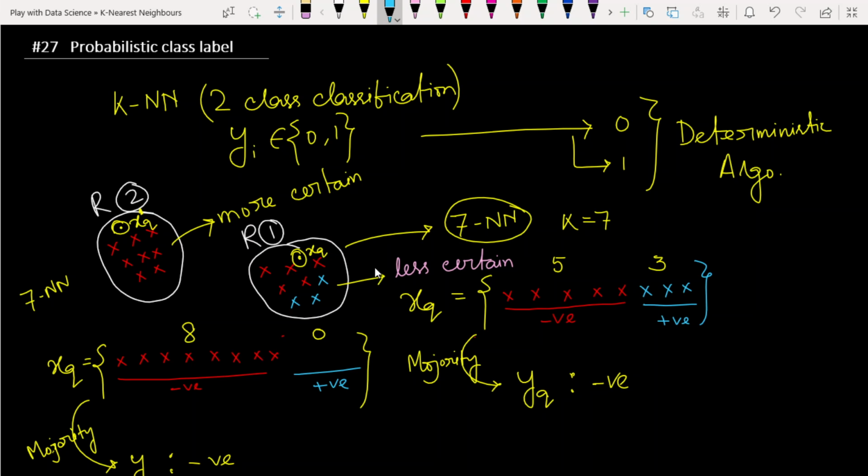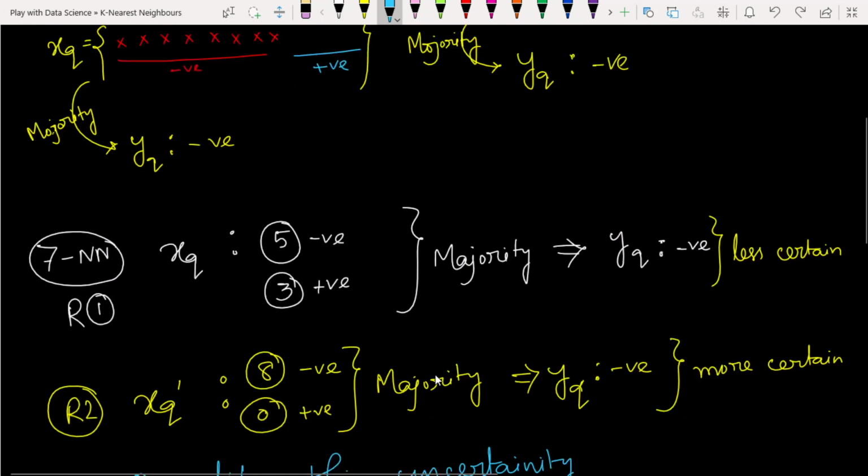The main motto of this lecture is that instead of just saying class 2 or class 3, we express a degree of confidence in our result. This will be very useful in the practical, industrial, real world.